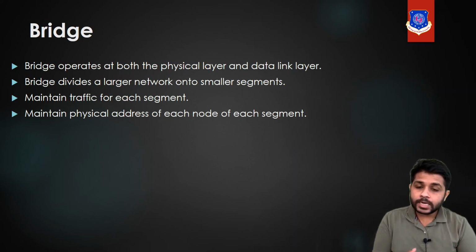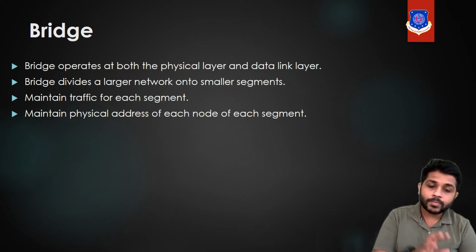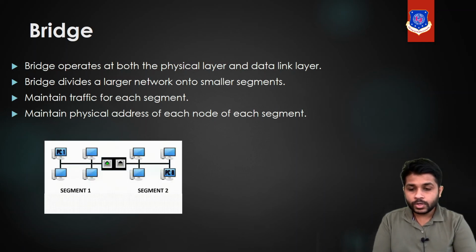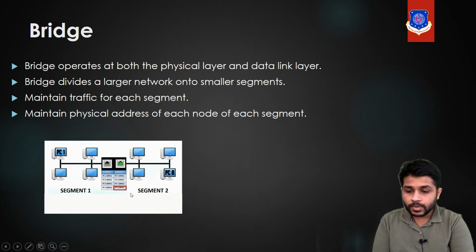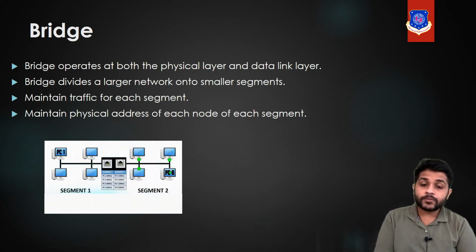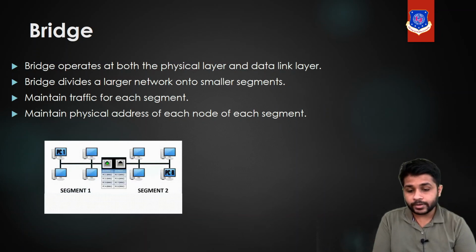So to manage the network, we can divide that network into different small segments using the bridge, so that we can manage and maintain those segments easily. So you can see that one network is divided into two networks using a bridge. Okay, and the bridge maintains a table, and in the table there will be the entry of the MAC address.